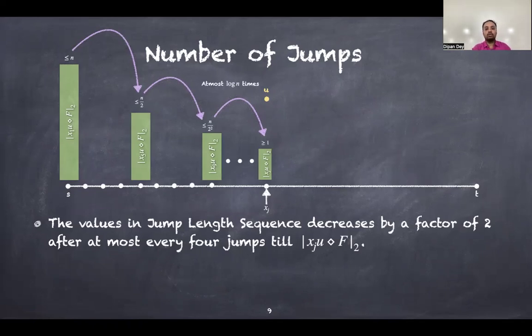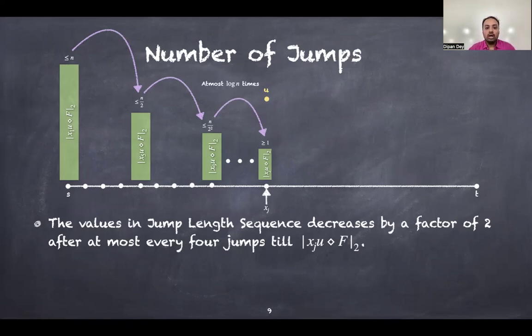And then we can assume that u is not on xj. Anyway, if u is on xj itself, so u is the vertex xj itself, then we just jump to the next vertex. So at any point of time, as long as the path is not exhausted, we can jump to the next vertex if the jump length is not exactly 1 or 0.